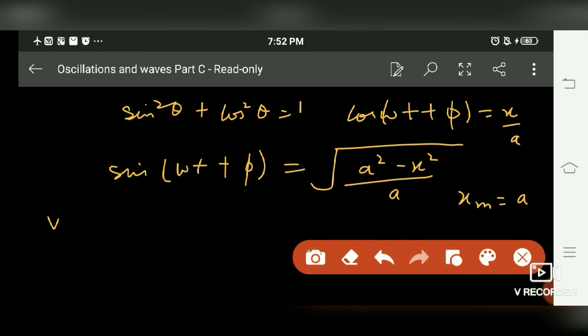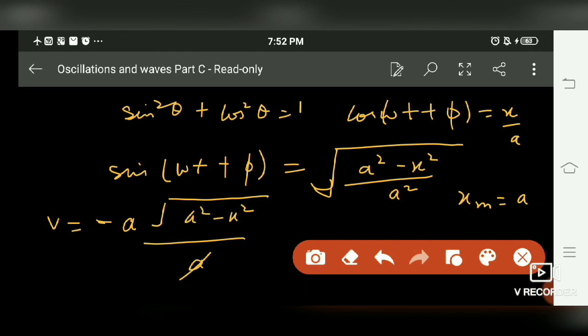So by substituting it in v, we get minus of what was here, x m. Instead of x m, I am writing a. Instead of sine, we get under root of a square minus x square upon a. A gets cancelled with a.